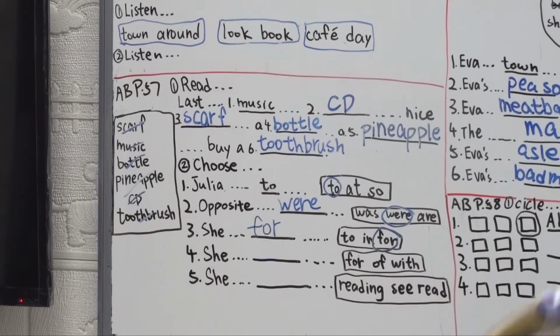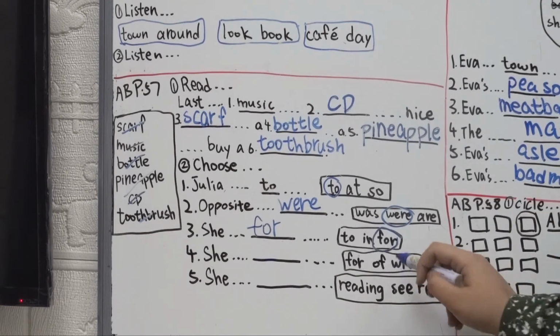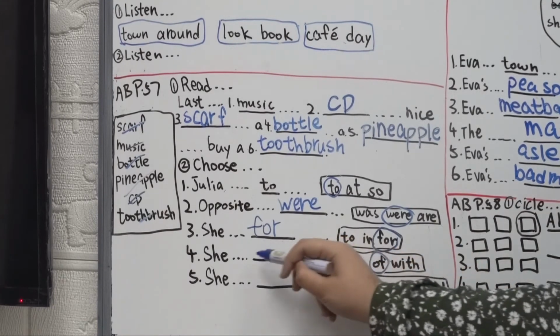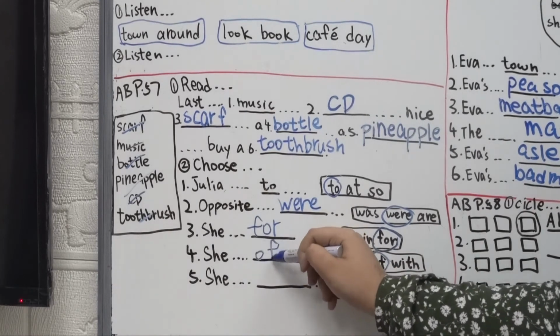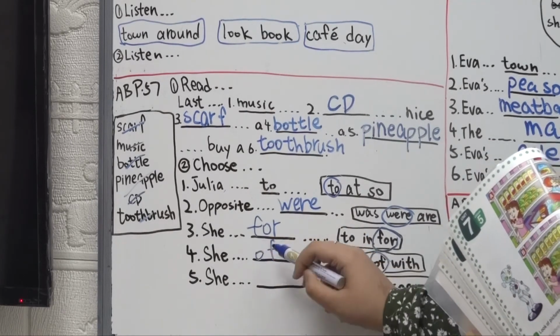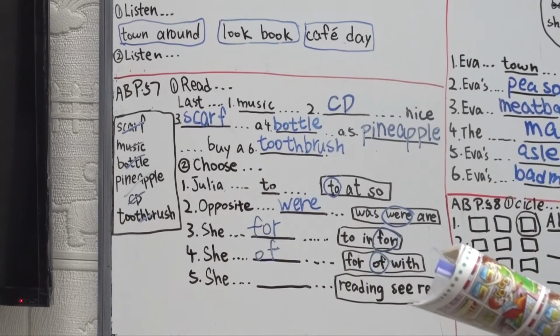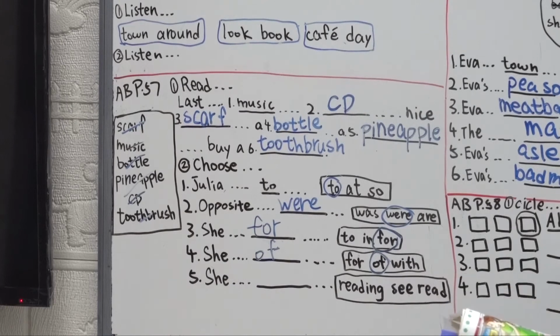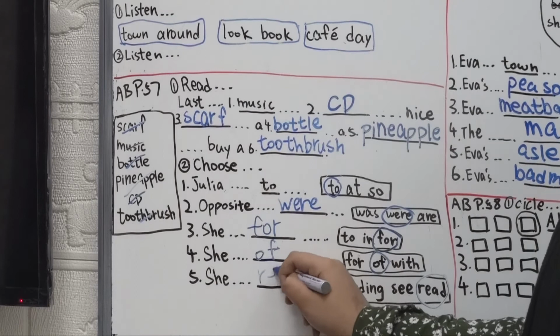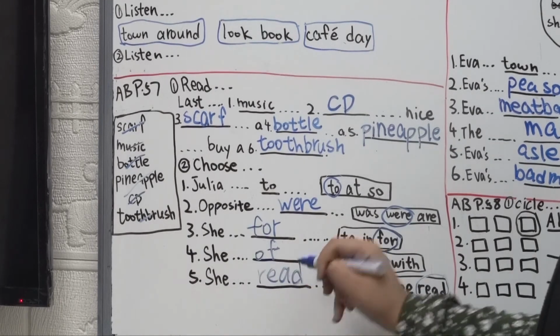Bottle for juice, bottle of juice, or bottle with juice? Of course, it is of. 5, she bought a book to space on the bus home. To reading, to see, or to read? Of course, to read, right? To read.